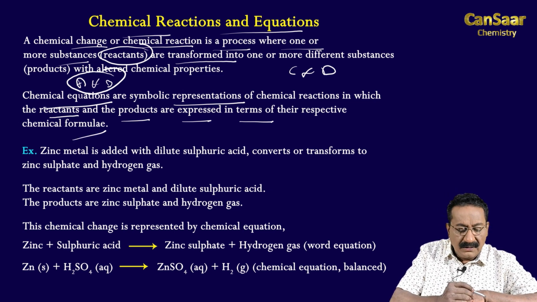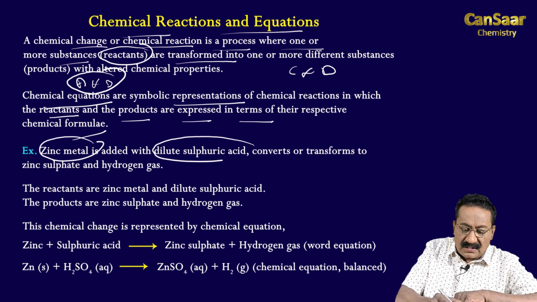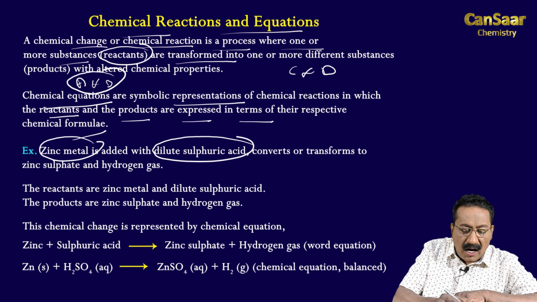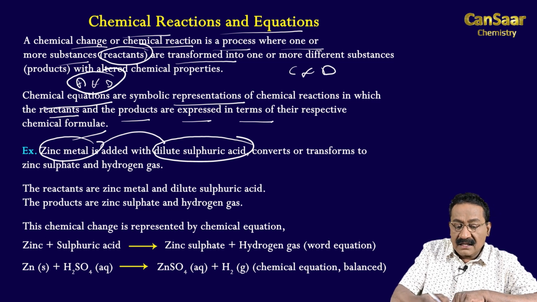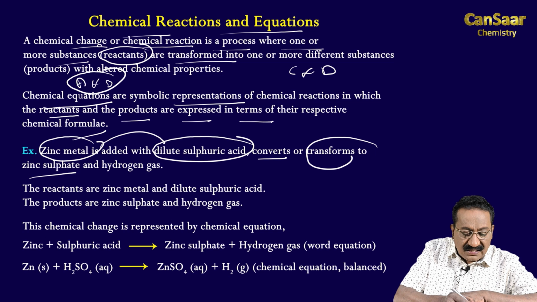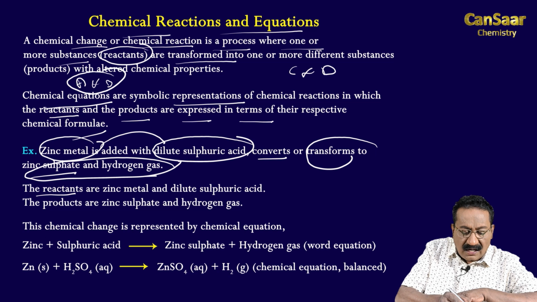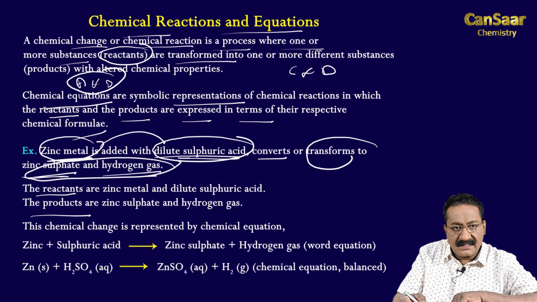For example, zinc metal is added to dilute sulfuric acid, the reactants, and transforms to zinc sulfate and hydrogen gas, the products. That is, the reactants are zinc metal and dilute sulfuric acid, and the products are zinc sulfate and hydrogen gas.